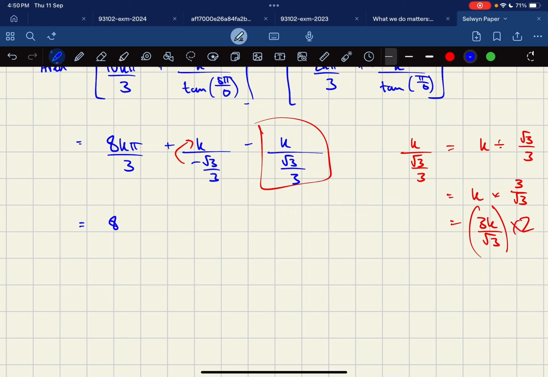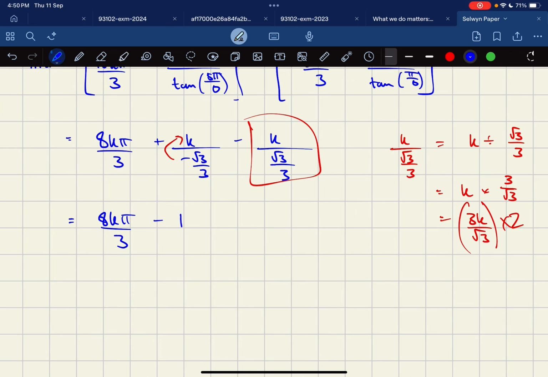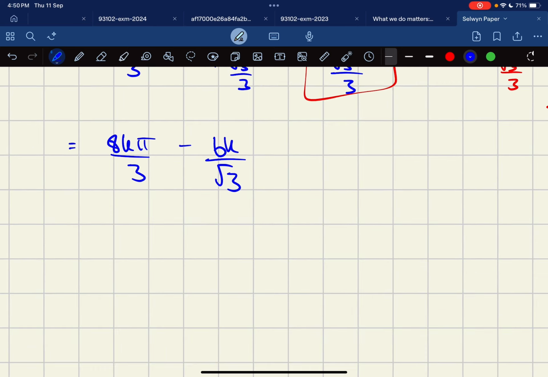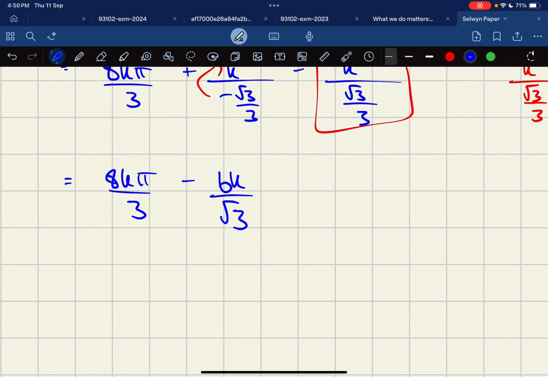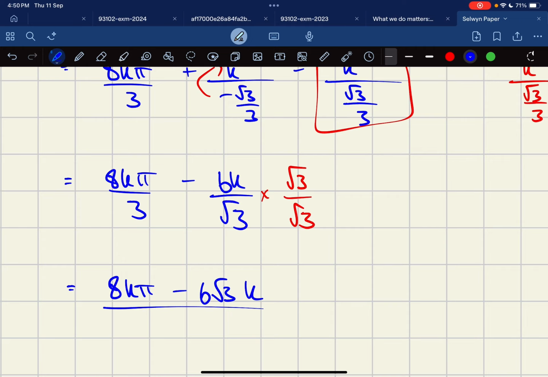So 8k pi over 3 minus 6k over root 3. And then this over here, we can join together as we can rationalize this denominator, and we can make it the same denominators to subtract together. So this is 8k pi minus 6 root 3 k over 3.